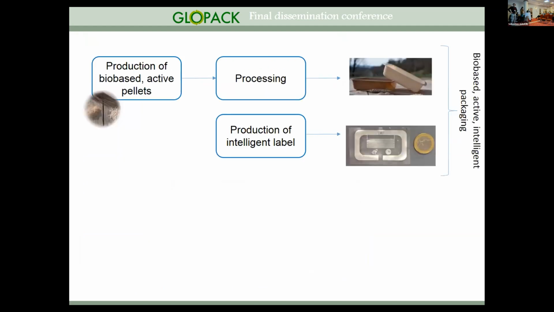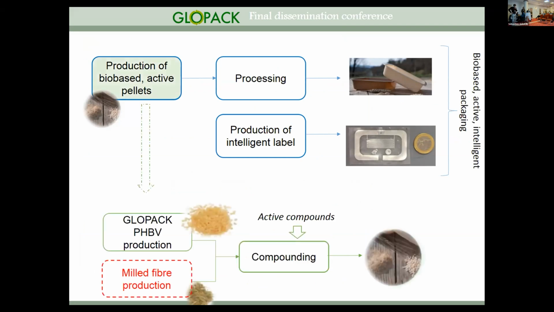If we were talking about the packaging material, this has been explained before in a much better way by Helene, but we are focusing on the production of the pellets, which can then be processed into cups and trays, and also actually the production of the intelligent label was under consideration in our innovative packaging. Today, in this presentation, we focus on the production of these pellets, in which we have 3 main steps that we will consider.